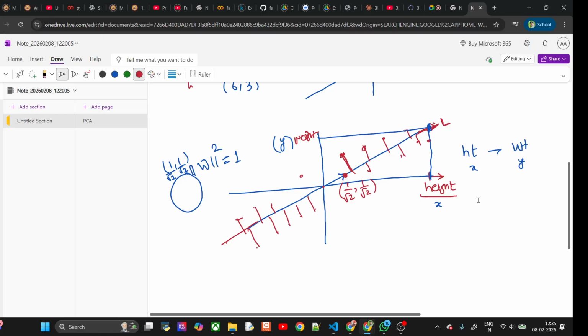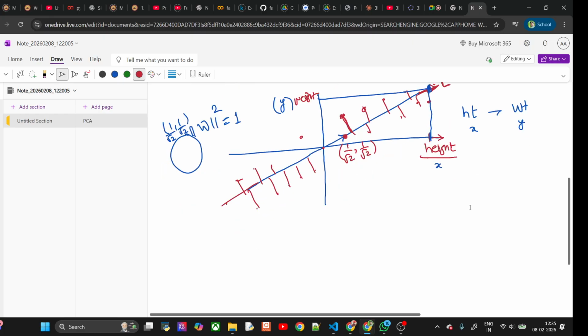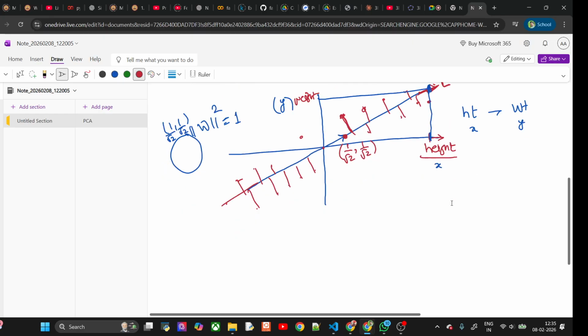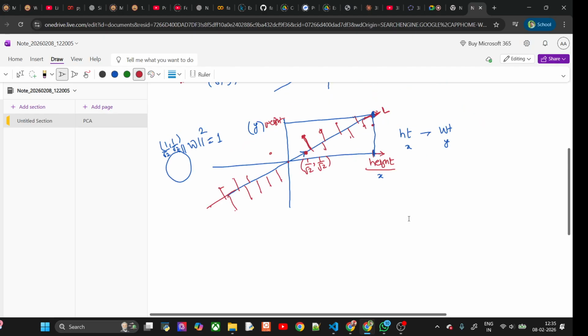The point we want to see here is, instead of this height and weight graph, I create another graph which has height plus weight, because what I am doing is multiplying with this W: height into 1 over root 2, weight into 1 over root 2.